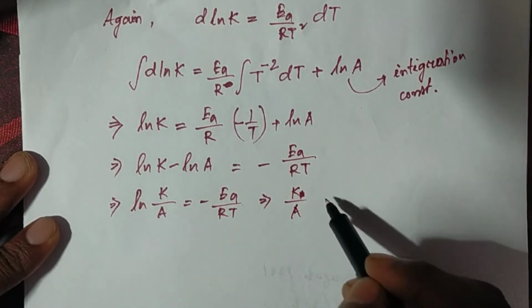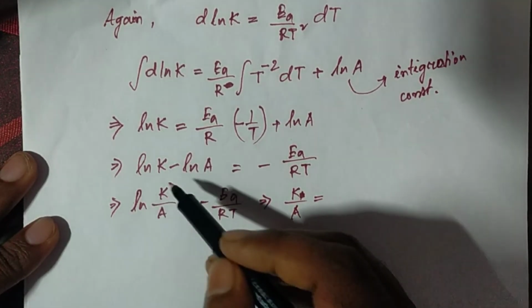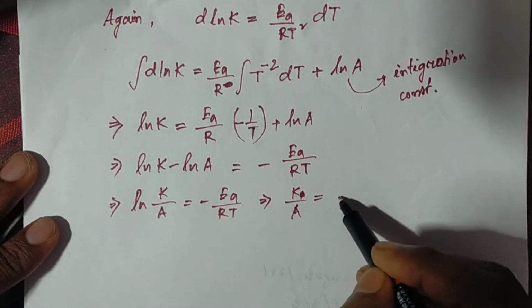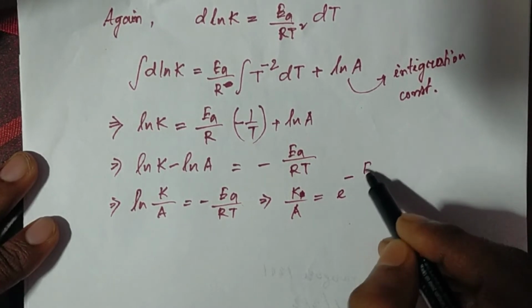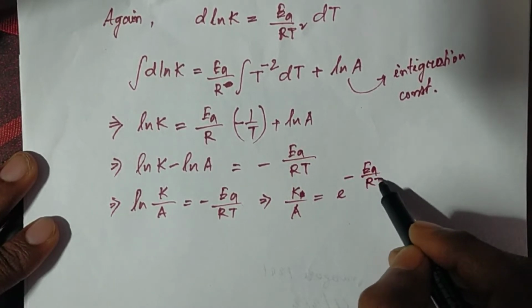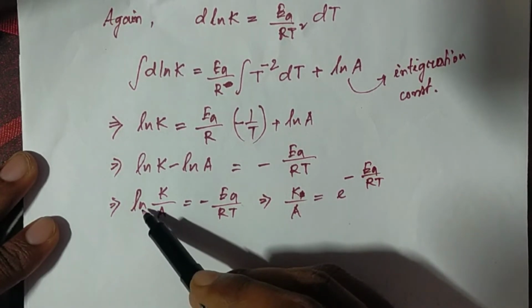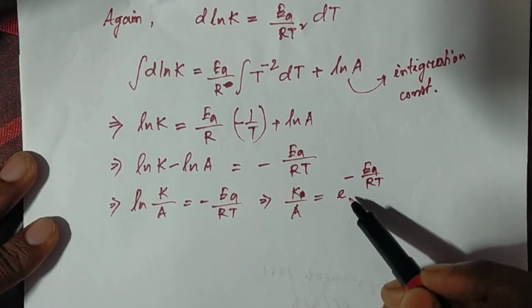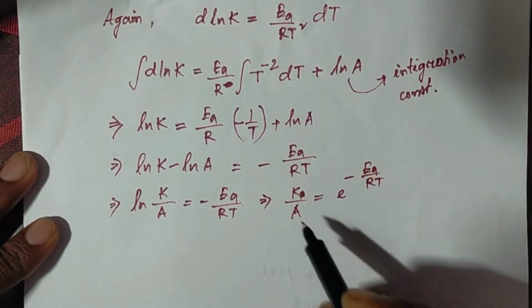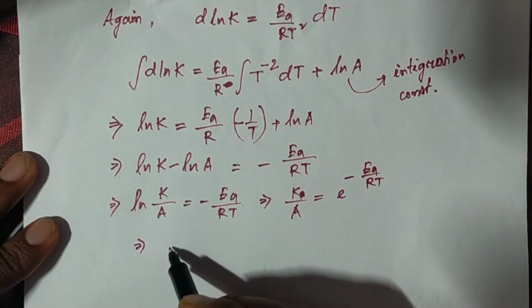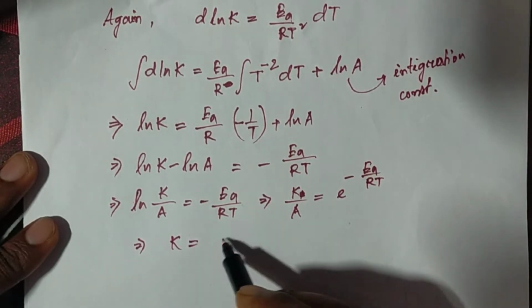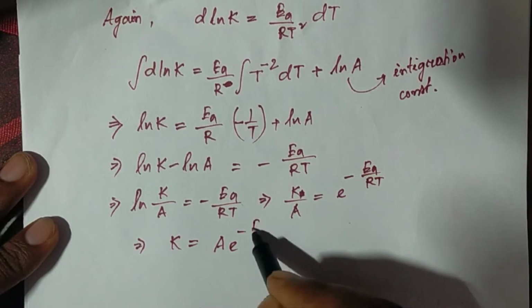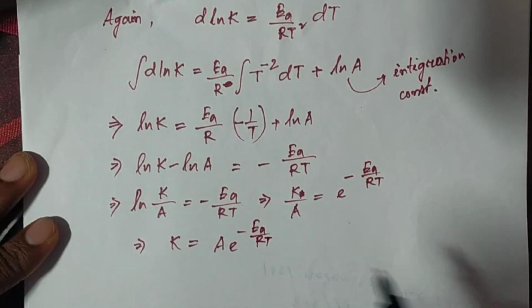If we remove this ln, it will become exponential, E to the power minus EA by RT, and we can write k is equal to A e to the power minus EA by RT.